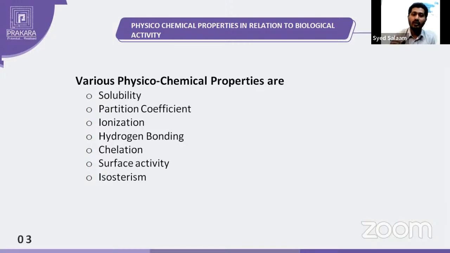Next, partition coefficient. Partition coefficient means the concentration of the drug in the lipid layer versus the concentration in the water layer.